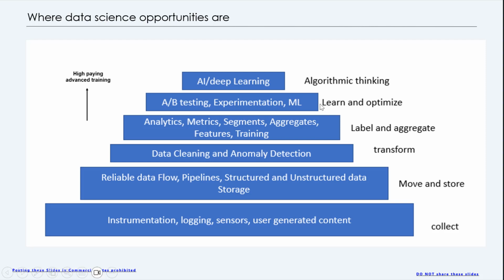So where are the data science opportunities? I would say for those with degrees in computer science or technical degrees, they're in this upper part. You have to have some AI, deep learning, experimentation, machine learning, analytics, metrics, and so on. There are also data science jobs at the lower level which may not require a college degree.